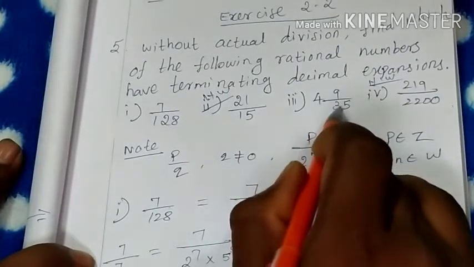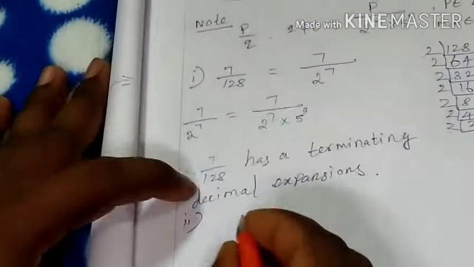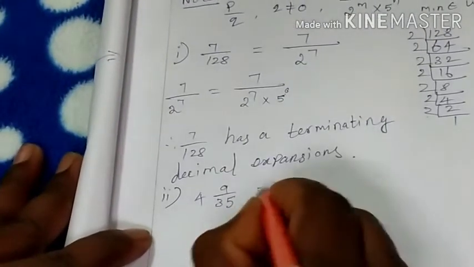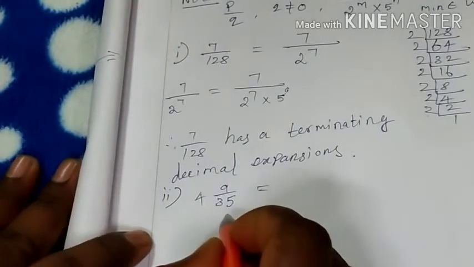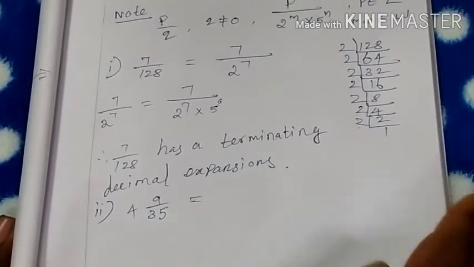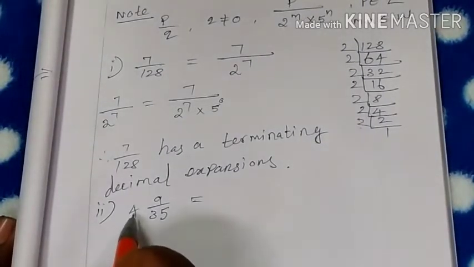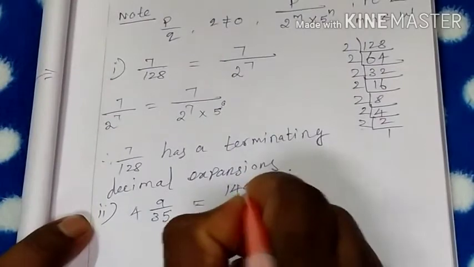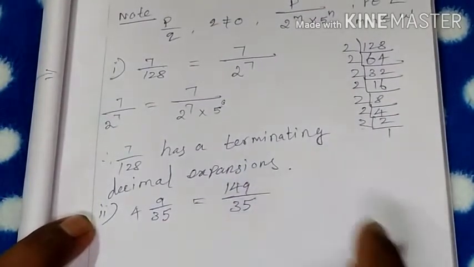4 and 9 by 35. First change the mixed fraction into an improper fraction. How to change a mixed fraction into an improper fraction? Multiply the denominator with the integral part: 35 into 4, 35 4s are 140. 140 plus 9 is 149 divided by 35.